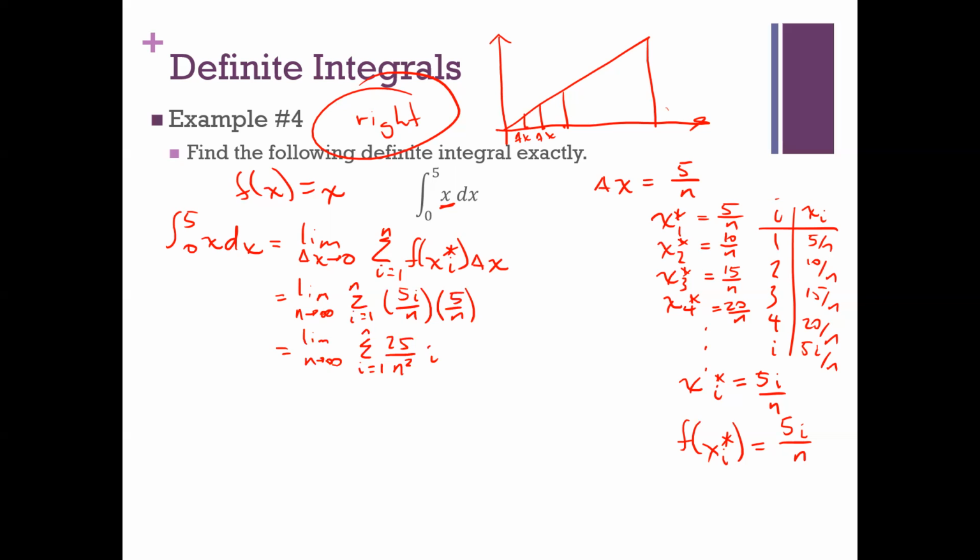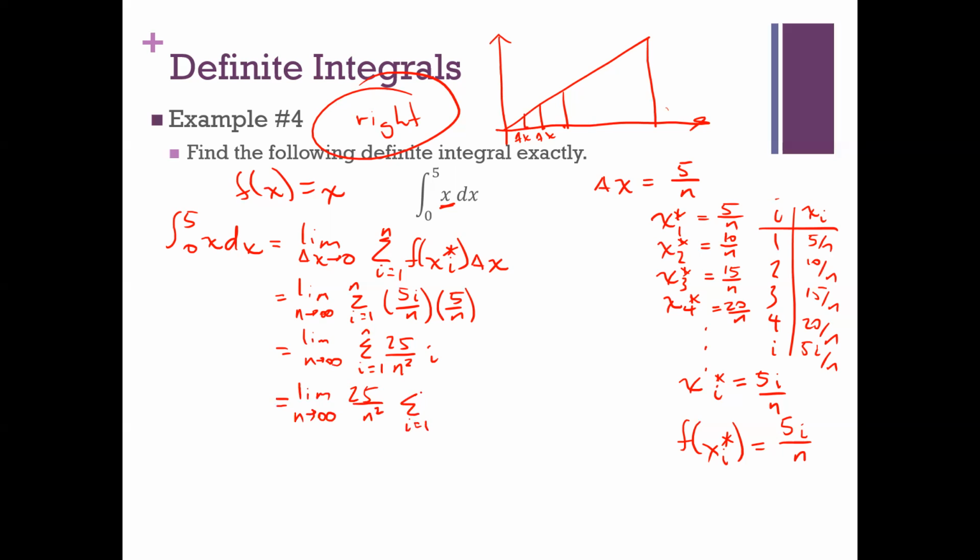As far as the summation goes, what's the variable? The way this sum works, what's the variable? It's i, right? So I can pull out everything else. As far as the limit is concerned, what's the variable? It's n, right? But for now, I can do this.